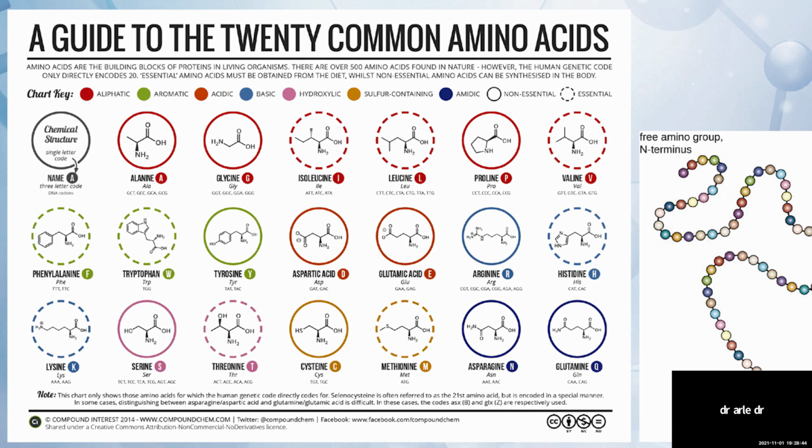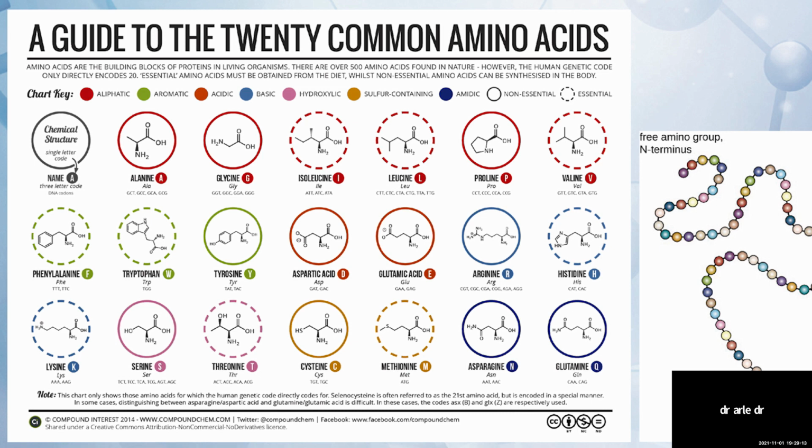Now, what I would like you to take note of, look closely at the chart. All the amino acids are encircled, right? But take note of the amino acids where the circle is a broken circle. This is to emphasize that these are the essential amino acids. What does essential amino acid mean?